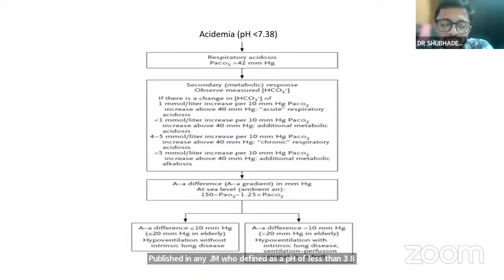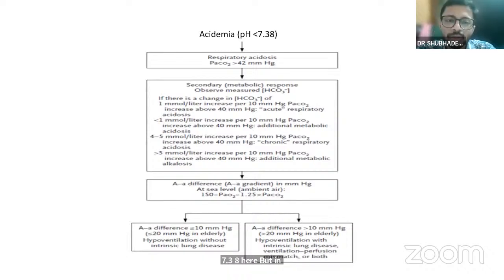As you have probably come across already, the actual reduction of pH is called acidemia, and an increase of pH is called alkalemia, and the respective process is called alkalosis. So we will refer to acidemia as a pH of less than 7.38 here, but in textbooks you would come across a pH of less than 7.35 as acidemia.